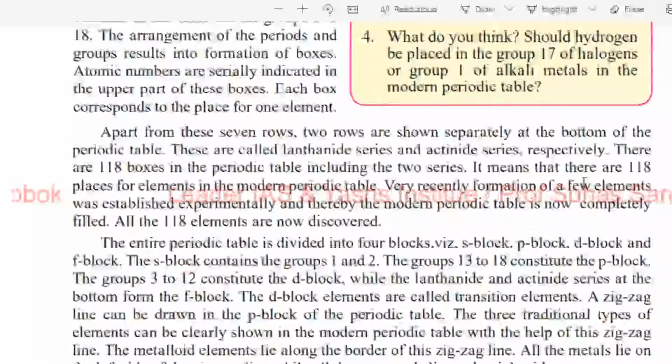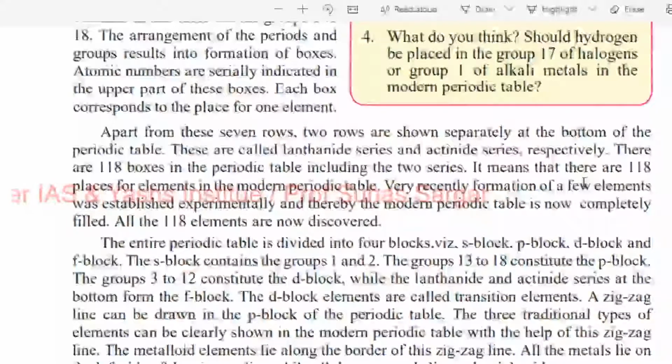Apart from these 7 rows, 2 rows are shown separately at the bottom of the periodic table. These are called the lanthanide series and actinide series respectively. There are 118 boxes in the periodic table, including the 2 series.